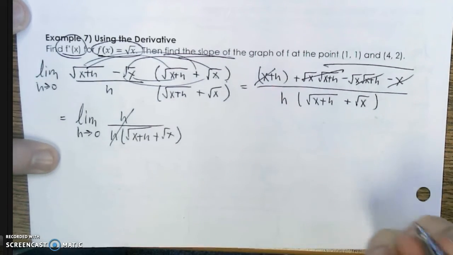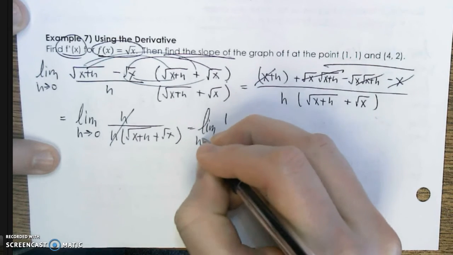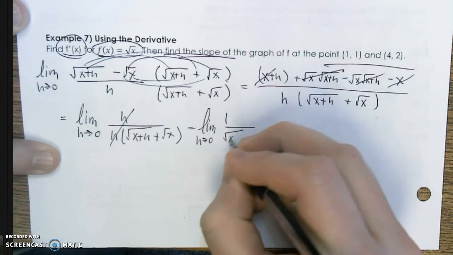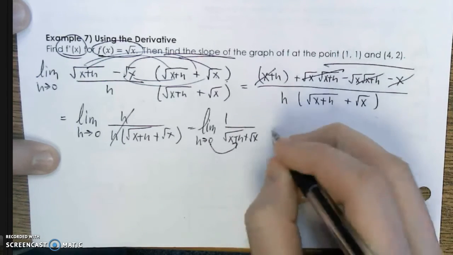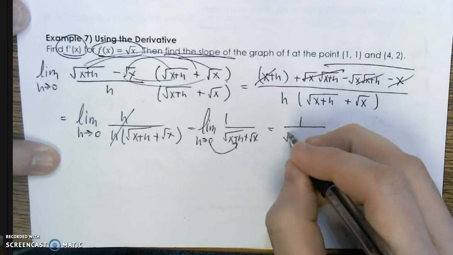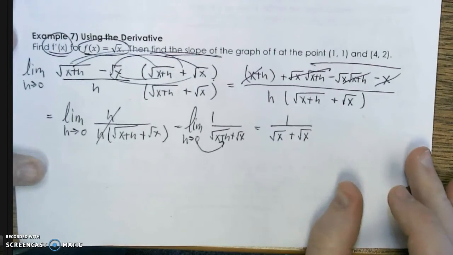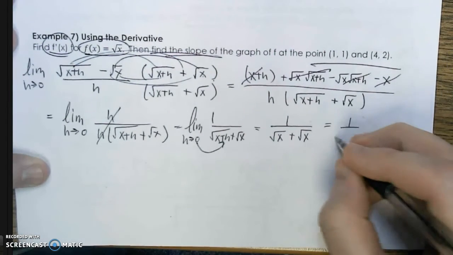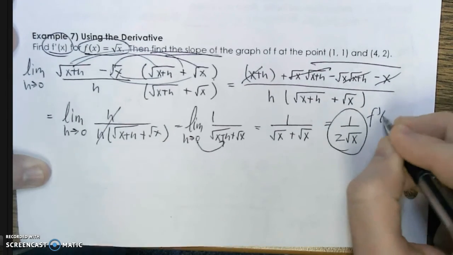The h's now cancel and give me 1. So 1 over rad x plus h plus rad x. And now I can plug in my limit and not get 0 on the bottom. So I'm going to get radical x plus 0. And then I still have that other radical x, which makes 1 over 2 radical x. So this is f prime of x.